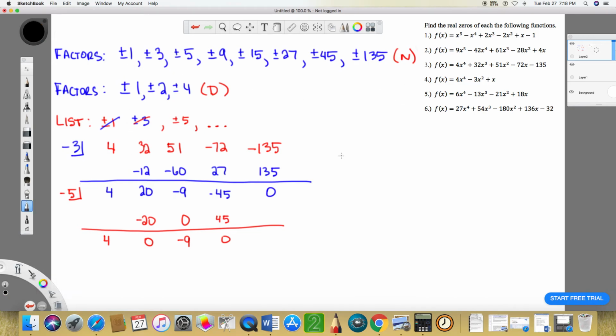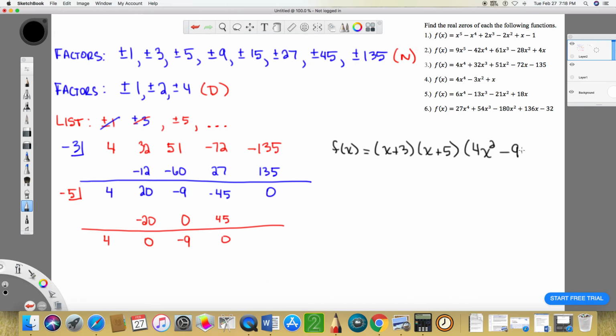So my function in number 3, I can factor it with a factor of x plus 3, with a factor of x plus 5, and now this, 4x squared, 0x, I don't need to write that, minus 9.